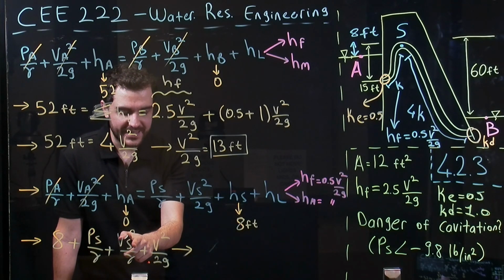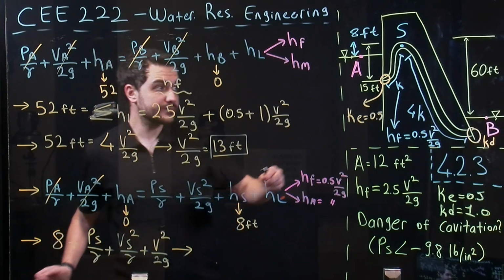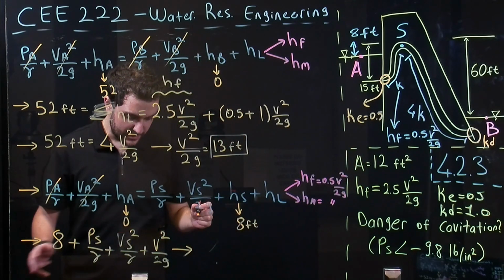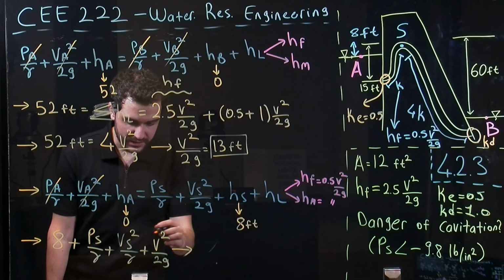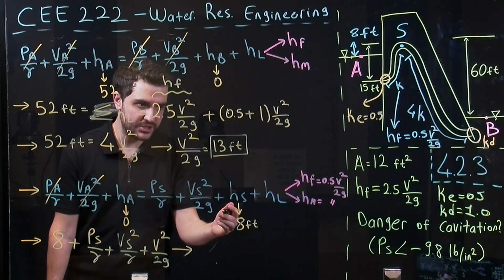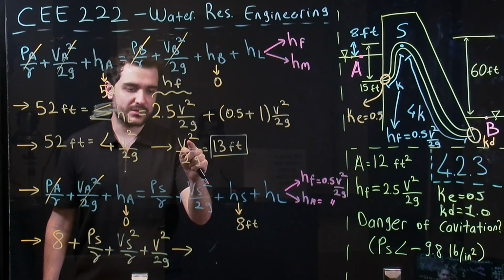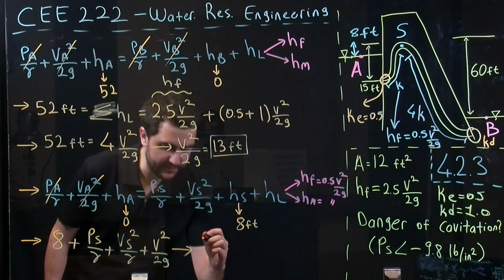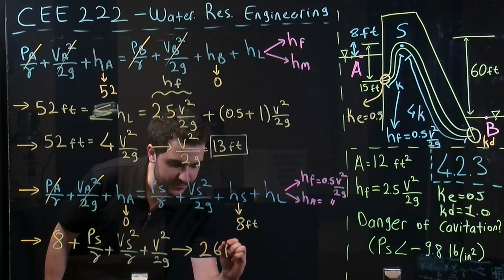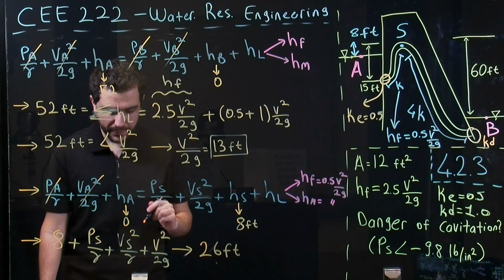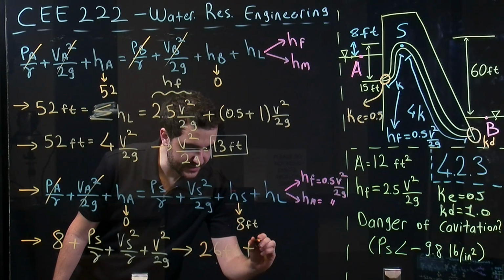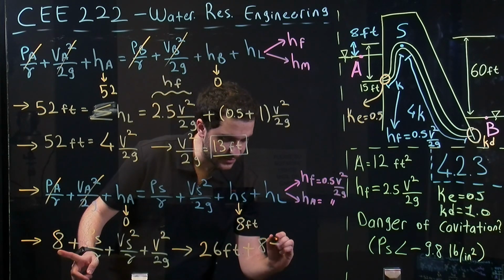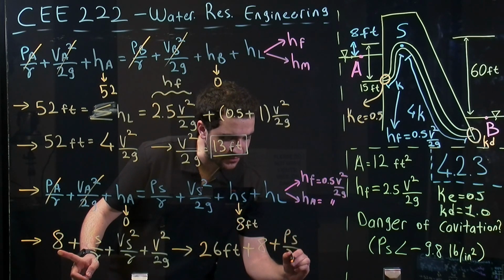So Vs is equal to v because the velocity is the same throughout the pipe, so that we have 2 v square over 2g, and 1 v square over 2g was 13 feet, so in total we will have 20 feet plus 8, which is coming from the elevation difference, plus PS over gamma.